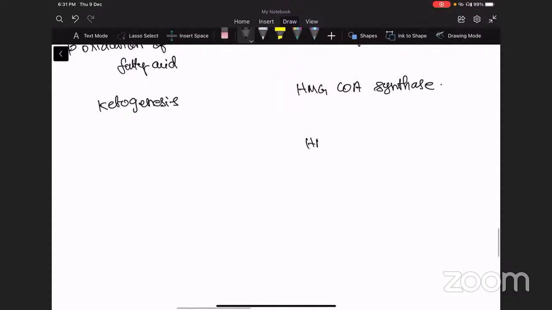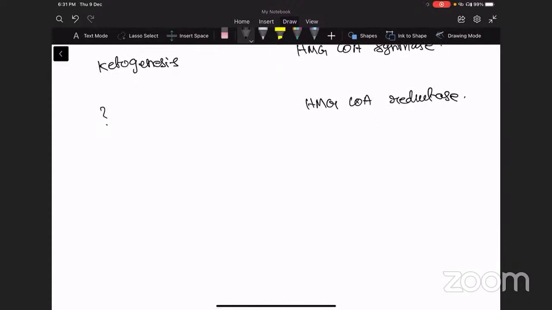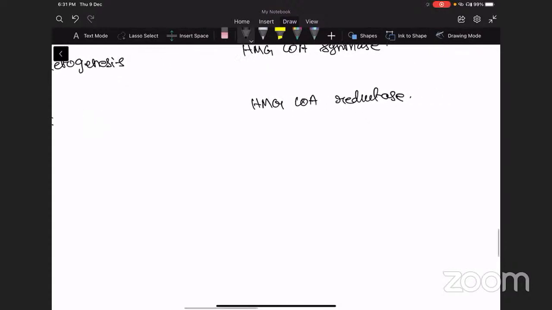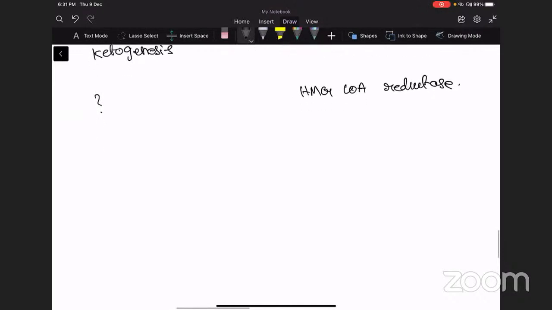My question is, HMG CoA reductase is the rate limiting step of which pathway? Purine synthesis.